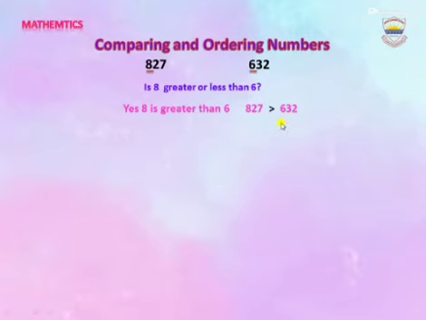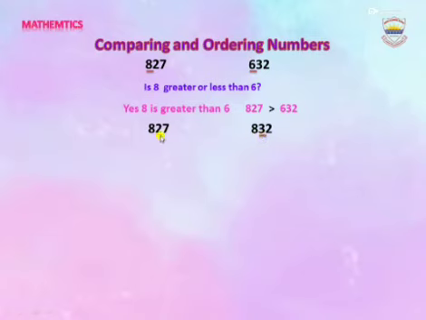If we change the 100 number 6 to 8, look at the number. We change the number 6 to 8. The number is now 832. Can you help me to compare 827 and 832? Again, start with the 100 place. In 100, there are 8 in both numbers.